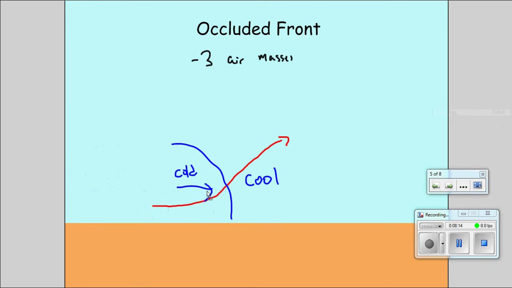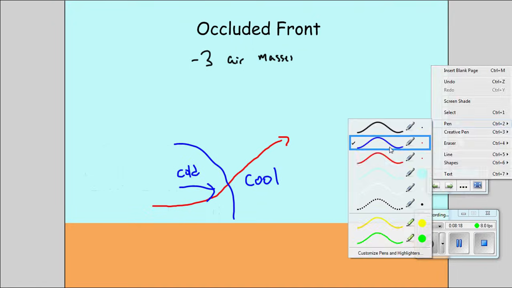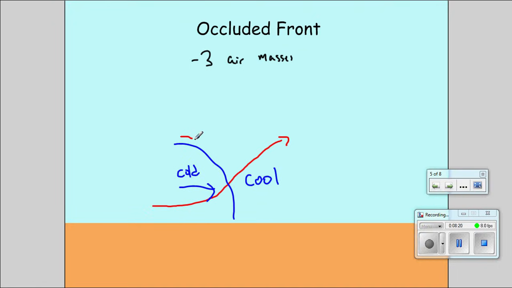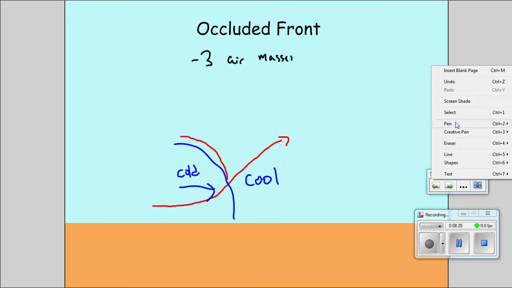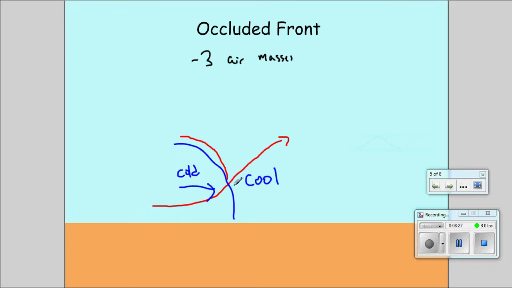So as this front moves in, it pushes all of the warm air up away from the surface. So all of this warm air is actually cut off of the surface. And it ends up looking kind of like this. So we started with an area of cool air, the warm air came in and rose up, but then cold air came in and wedged itself underneath both air masses.